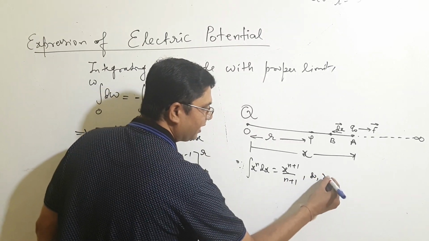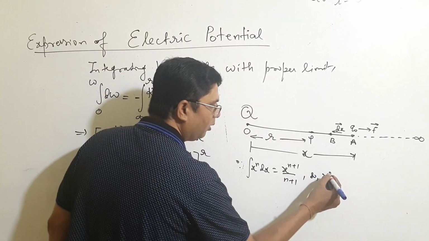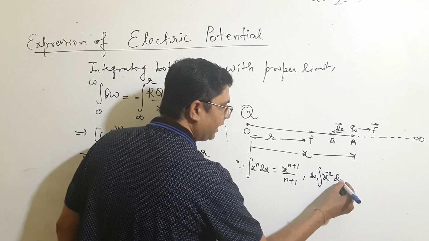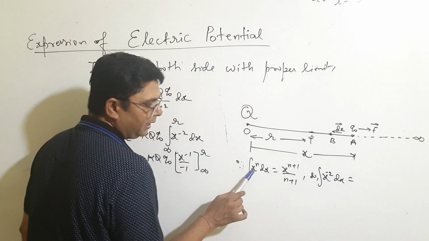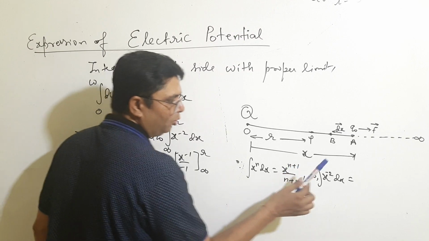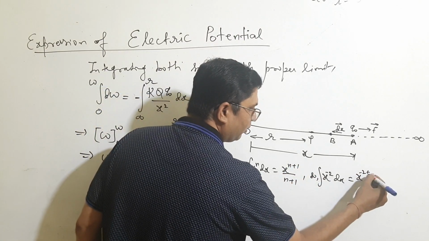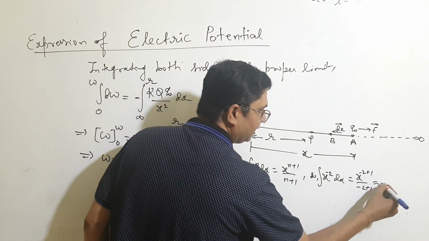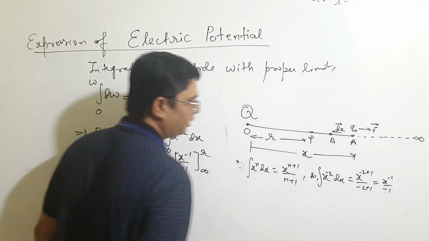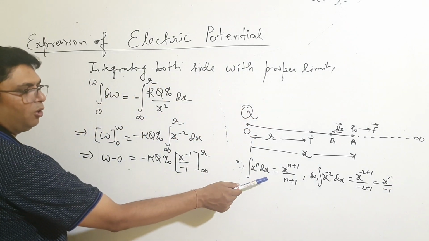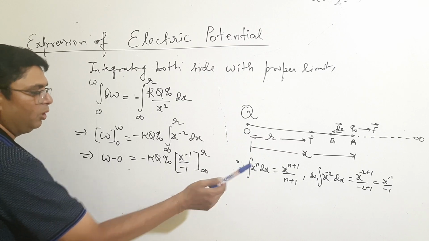So for x to the power minus 2 dx, at the place of n write minus 2. So x to the power minus 2 plus 1 by minus 2 plus 1 equals x to the power minus 1 by minus 1. I am writing this equation with the help of this integration formula.